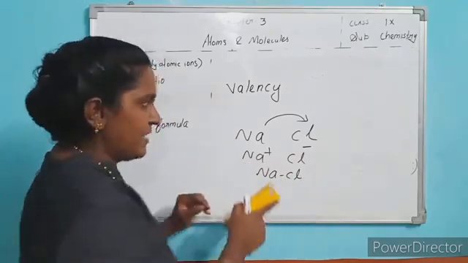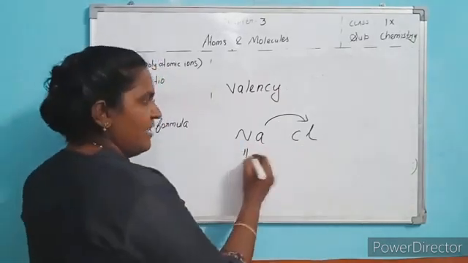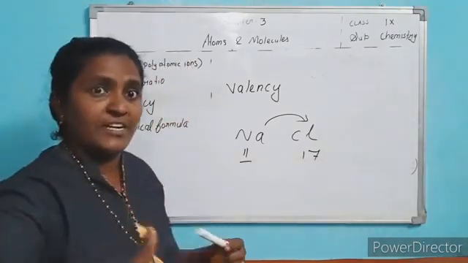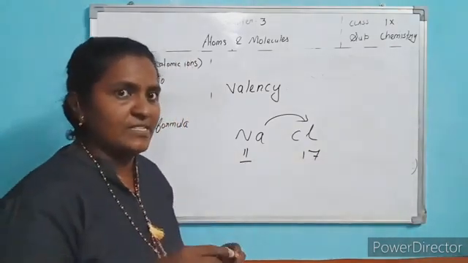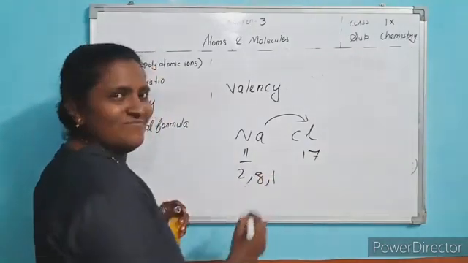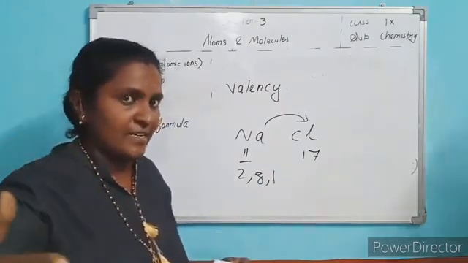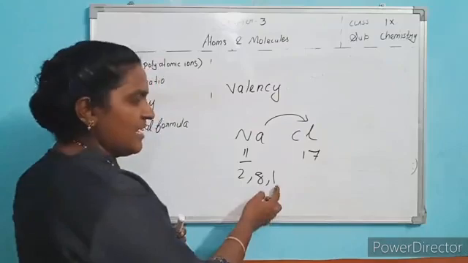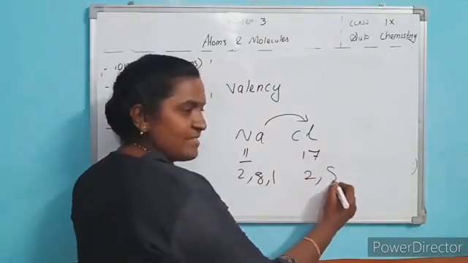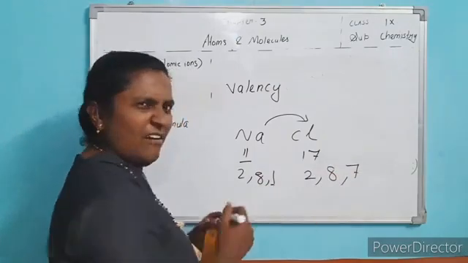If you want a deeper explanation, sodium has 11 electrons whereas chlorine has 17. These 11 electrons are distributed in different shells. The center nucleus is there, and 2 in the first shell, then 8 in the second shell, then 1. Maximum 8 electrons are accommodated in the second shell, but we have only 1, total 11. So they are not stable.